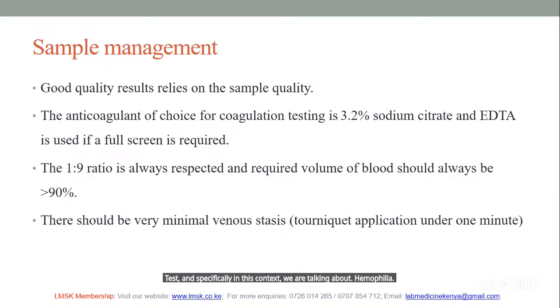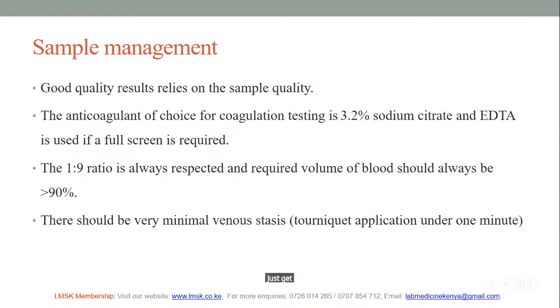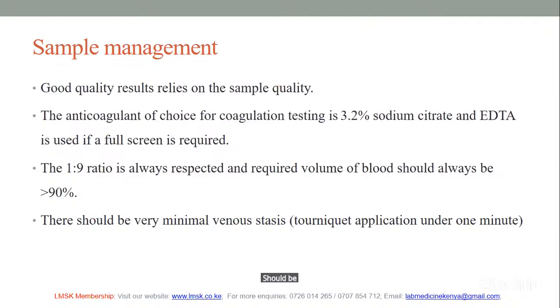The ratio is always 1:9. I always see people just get a sample for the sake of it. As lab personnel, check whether in that sodium citrate tube, the blood has filled to the margin to allow the required ratio of 1:9. Then there should be very minimal venous stasis, that is, tourniquet application should be under 1 minute. Next slide.